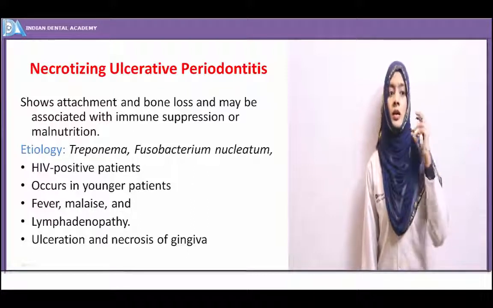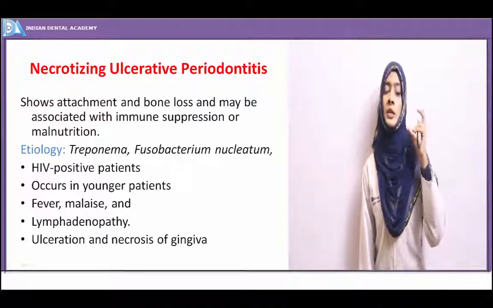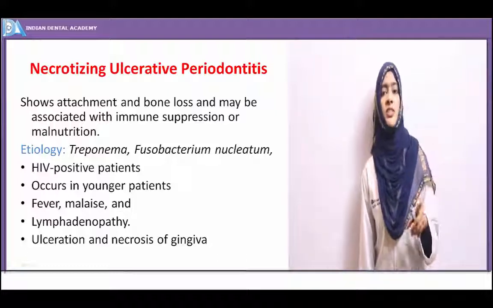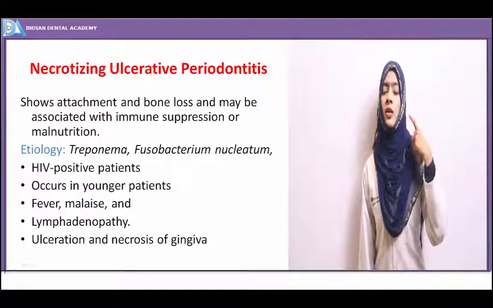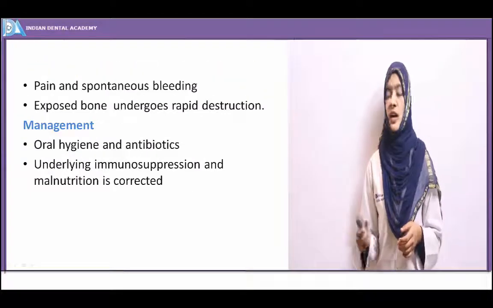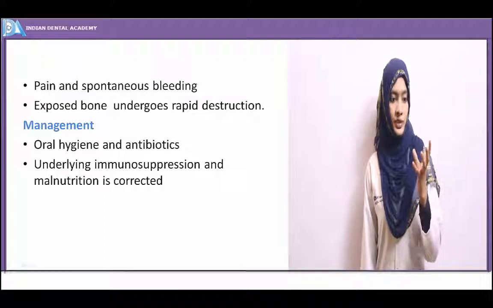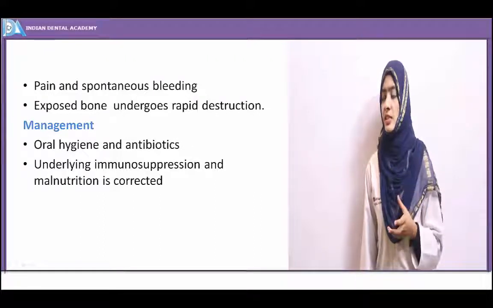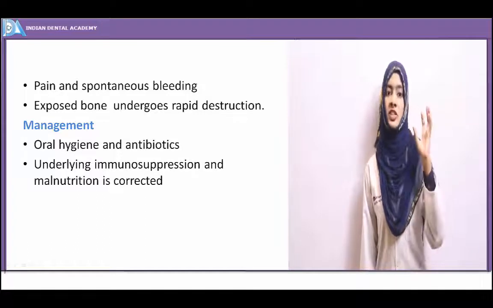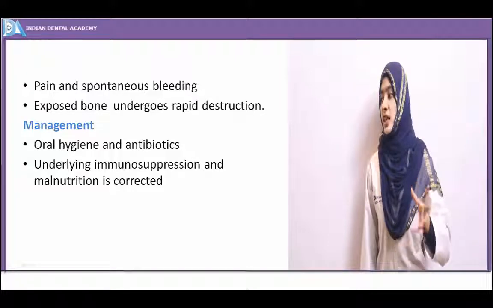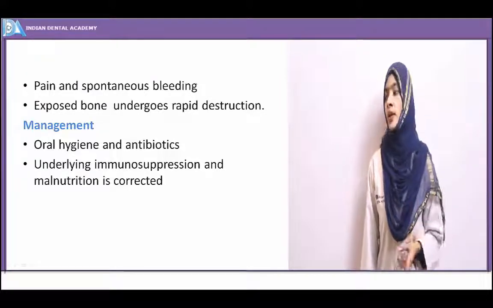Along with that, the hyperemia of papillae, the sharply punched out crater-like lesions as seen in necrotizing ulcerative gingivitis, just progress to involve all of the alveolar mucosa, and ulceration and necrosis of gingiva invariably occurs, and the gingiva are very painful, extremely sensitive to touch. Spontaneous bleeding is present, and sometimes because of extreme necrosis and ulceration, the alveolar bone just gets exposed to the oral cavity, undergoing rapid destruction.